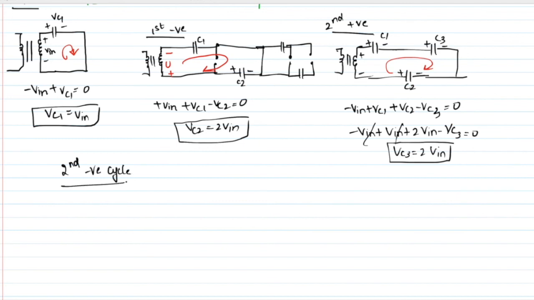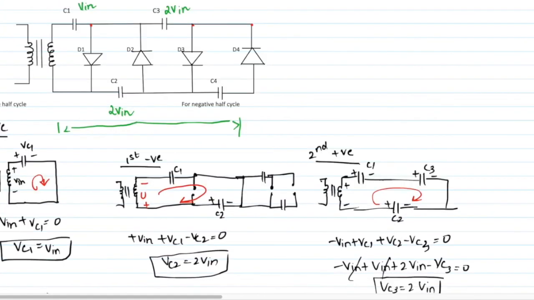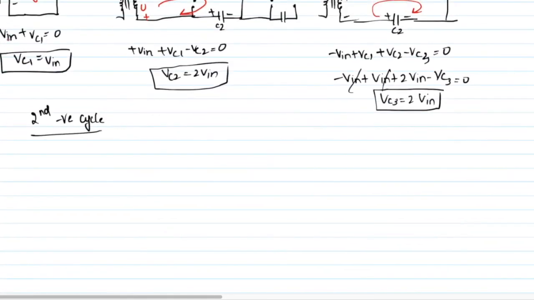Second negative cycle. Negative you are applying here, so this will turn off. Negative applied to the cathode, this has to turn on, but you assume this is 0, so this will turn off. Negative applied to the anode, so off. Negative applied to the cathode, so this is turning on. If we draw the circuit, only the last one is on.